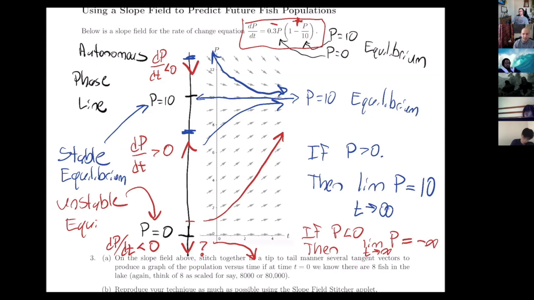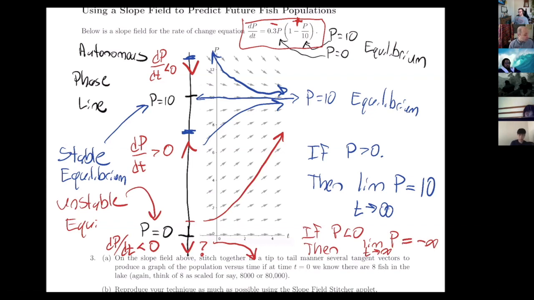And practically speaking, that doesn't really make sense, but it's good to just think about the behavior of these solutions in theory. So that is a bit of review about autonomous systems and phase lines, not quite about numerical approximations. But any questions?